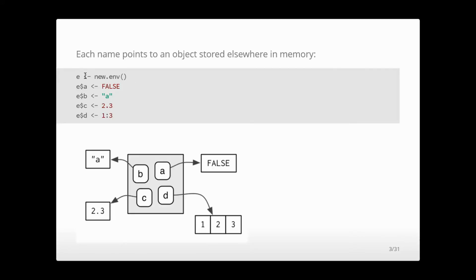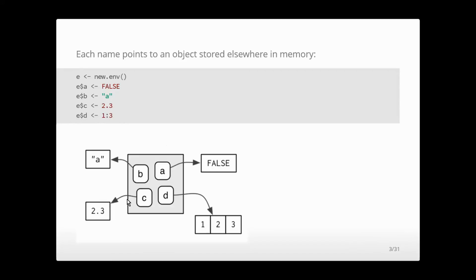This is going to create a new environment E, but most of the time you're just working in the global environment, and that's totally fine. 99% of all people just work in the global environment. Here we're assigning the value false to A, and then 2.3 and so on.